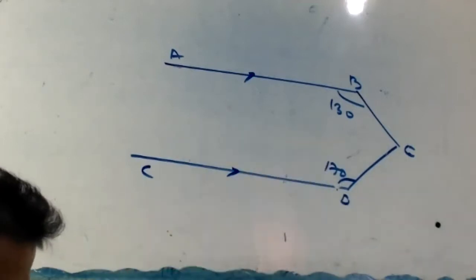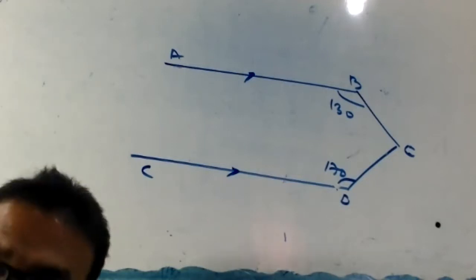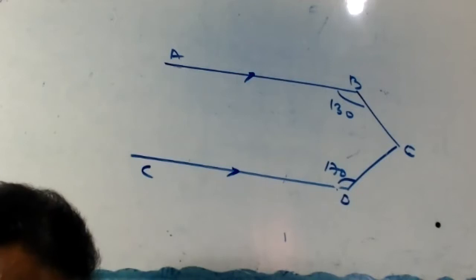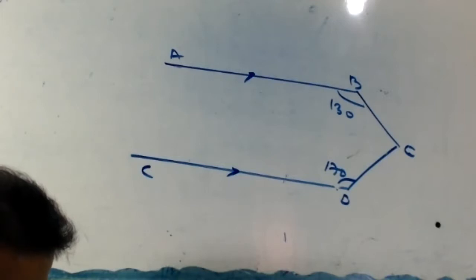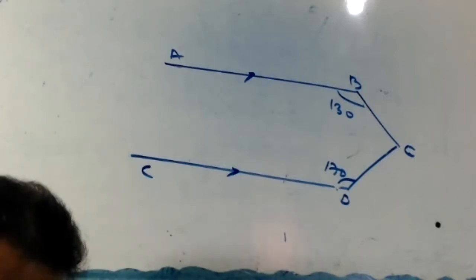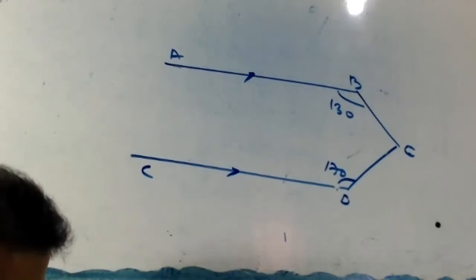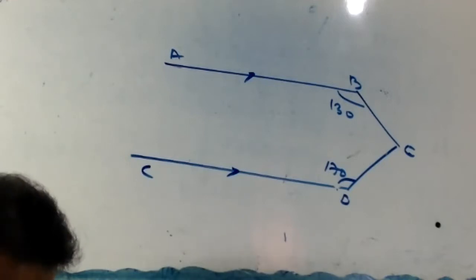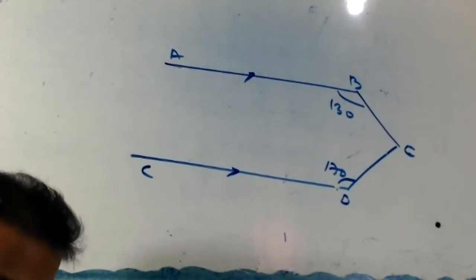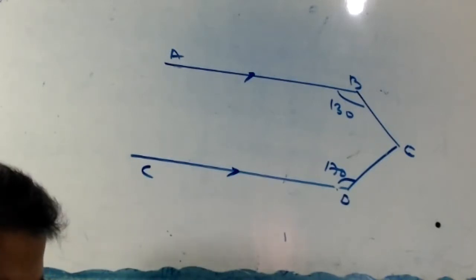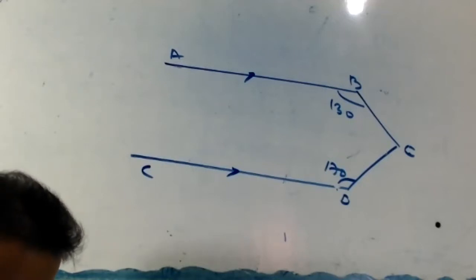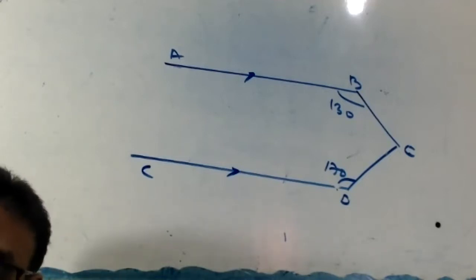Angle ABE 130, CDE 170. Find angle BED. Okay. You got?